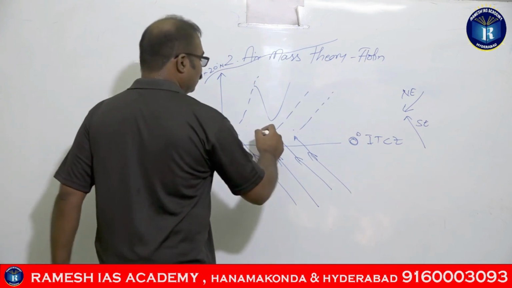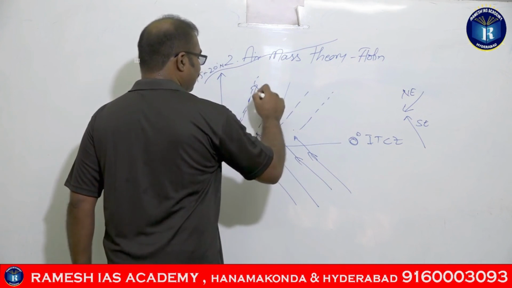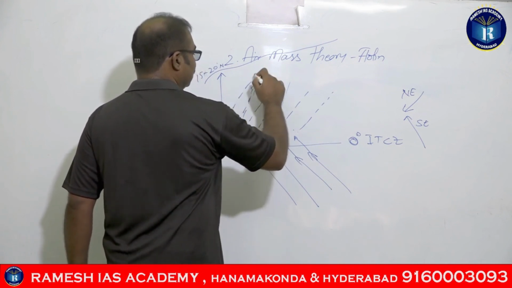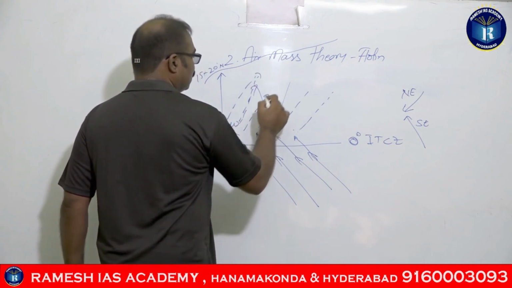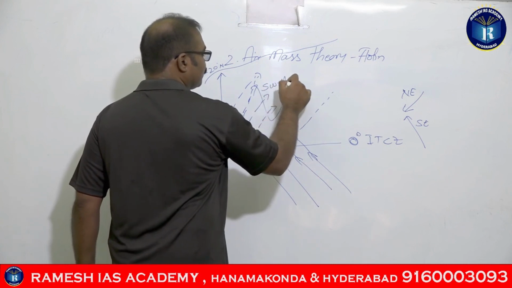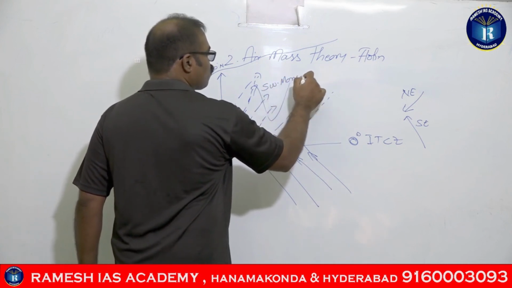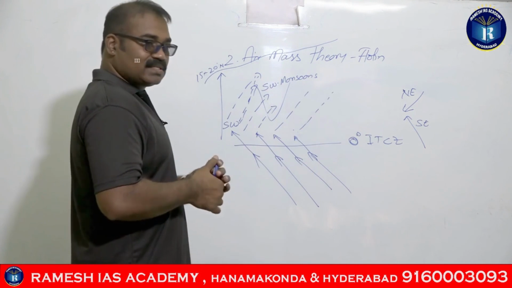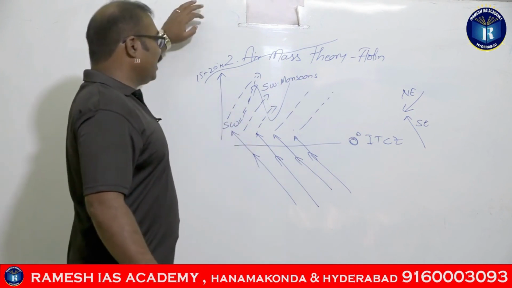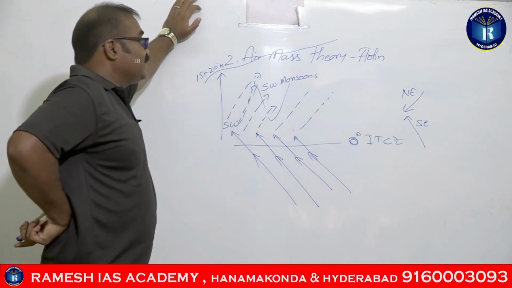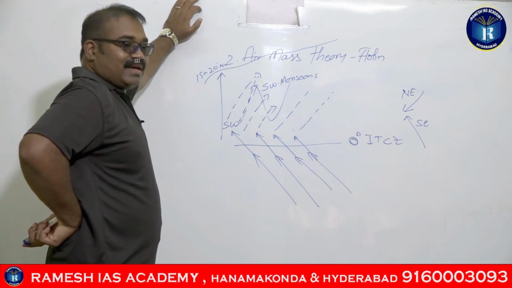So they will deflect towards their right hand side, and India gets southwest monsoons, guys.